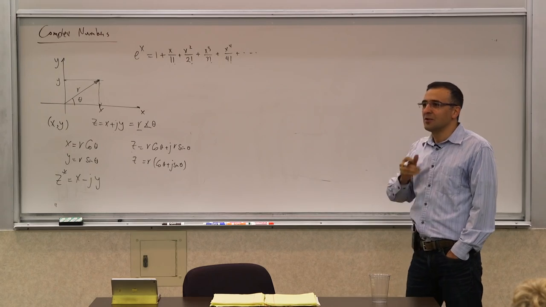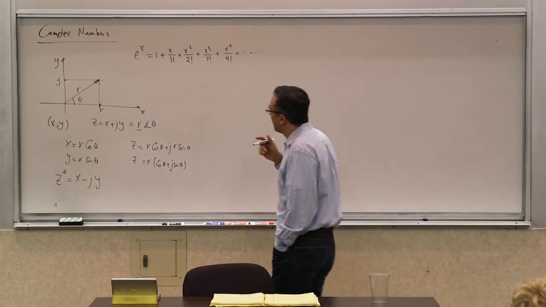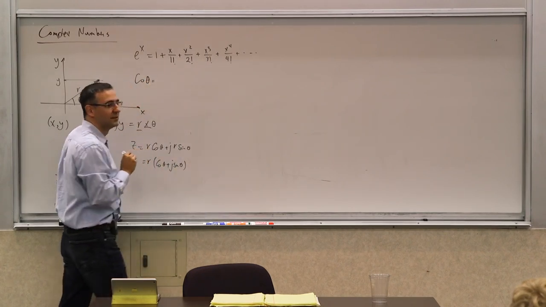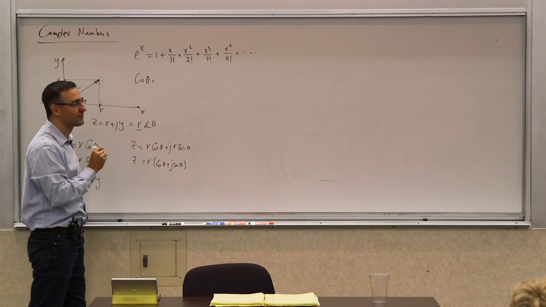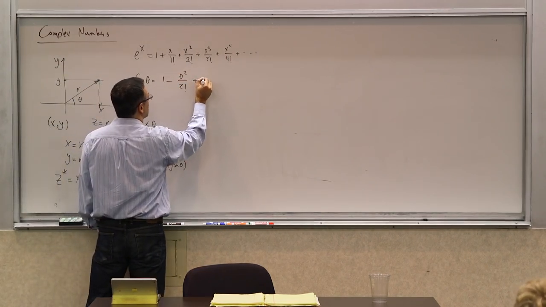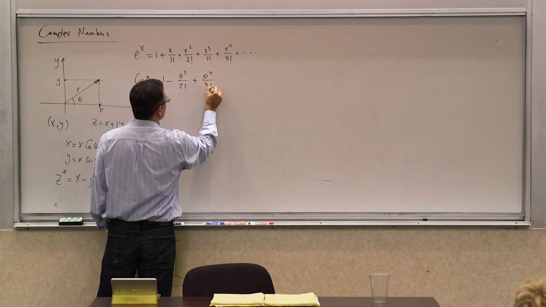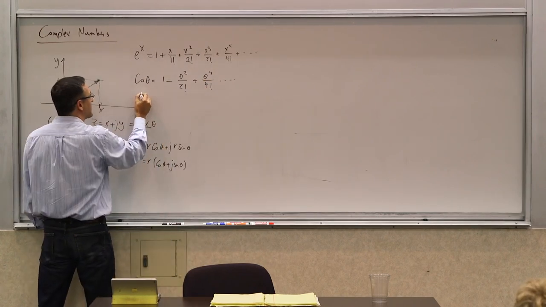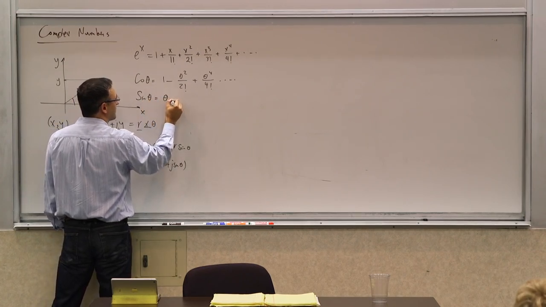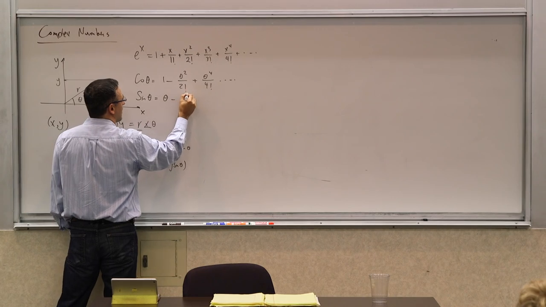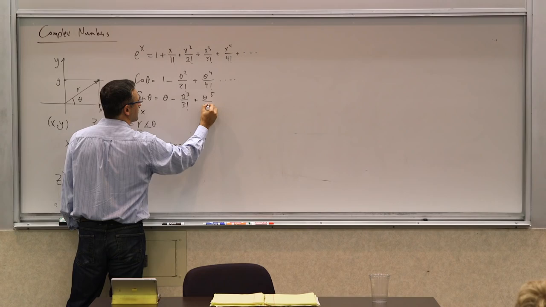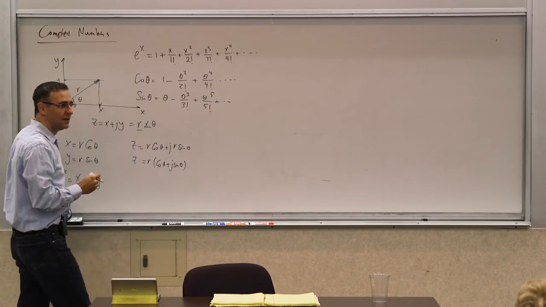But now, what is the expansion? Do we remember the expansion definition of cosine of theta? 1 minus theta squared over 2 factorial plus theta to the 4th over 4 factorial, etc. And sine is theta minus theta cubed over 3 factorial plus theta to the 5th over 5 factorial, and so on and so forth.